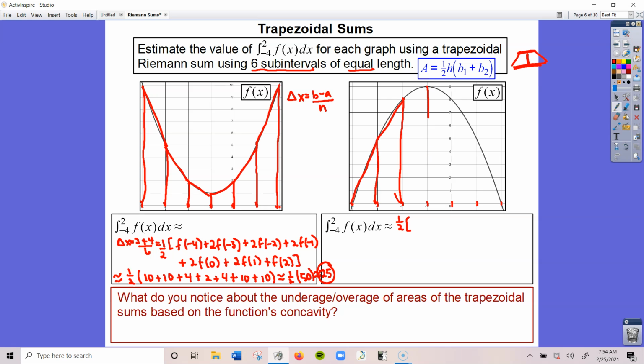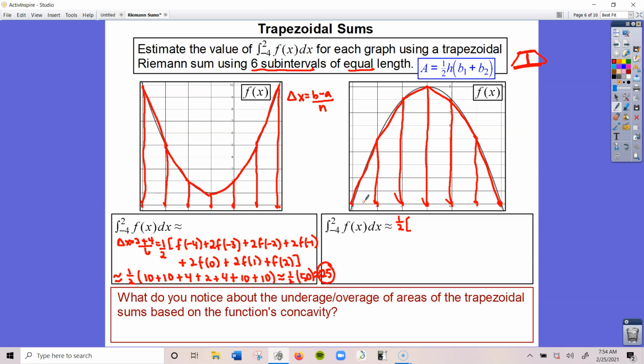Then we have this one here. Then this one. And the last one, which is kind of like a triangle.